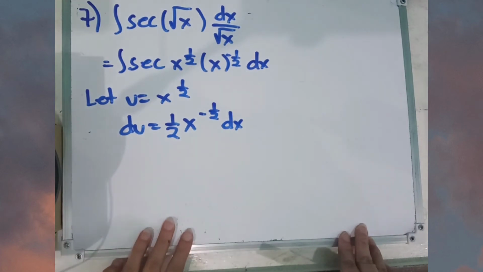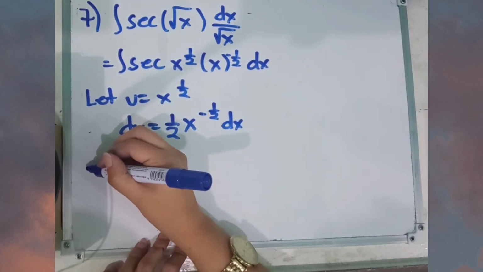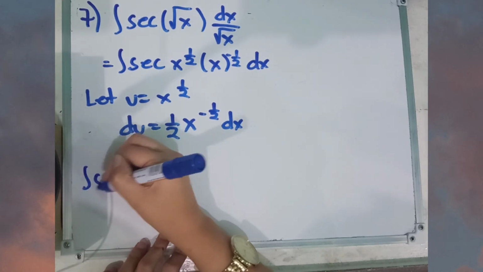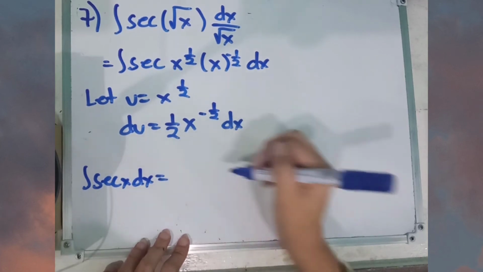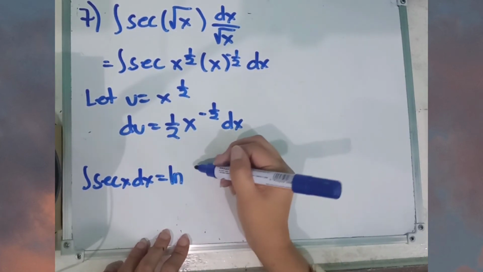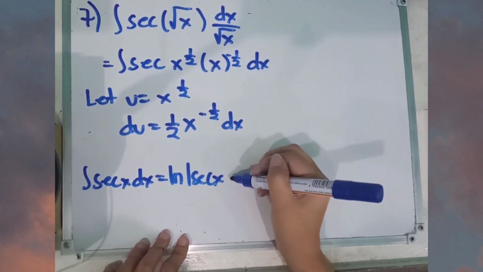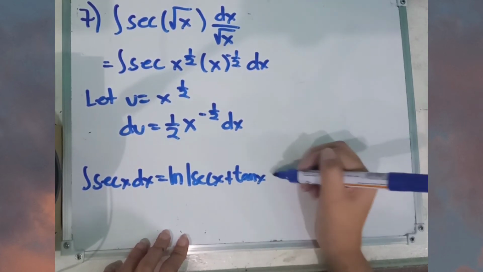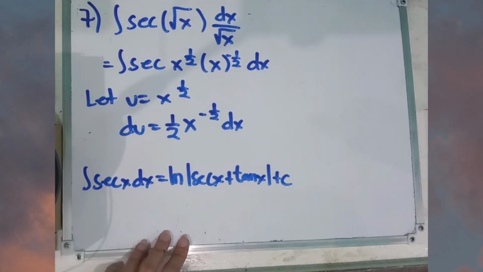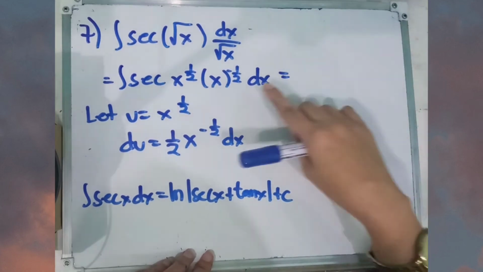So now let's recall the formula or the rule. The integral of secant x dx is the natural logarithm of the absolute value of secant x plus tangent x plus c. Okay, so let's rewrite this one.